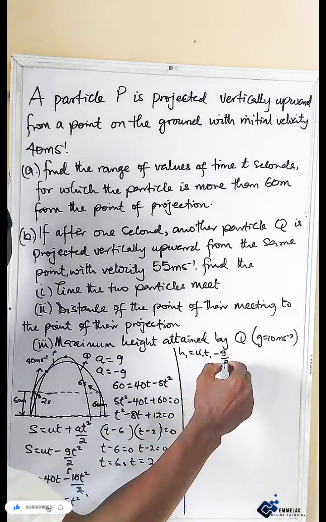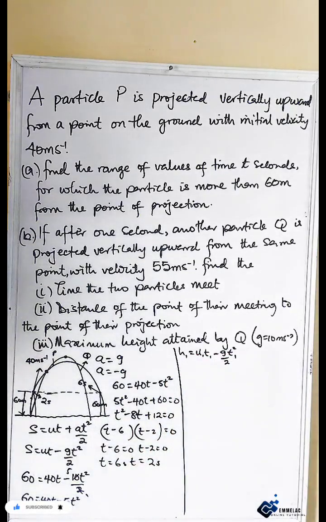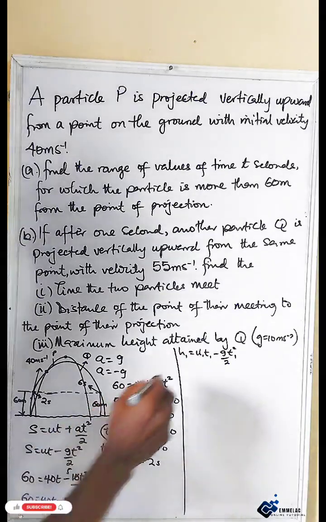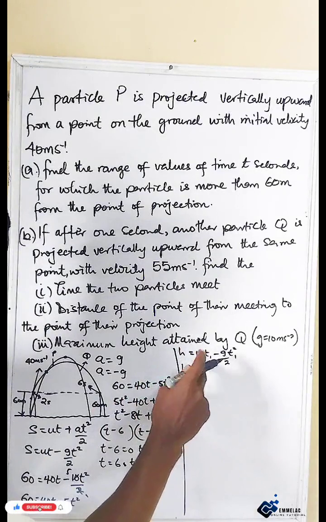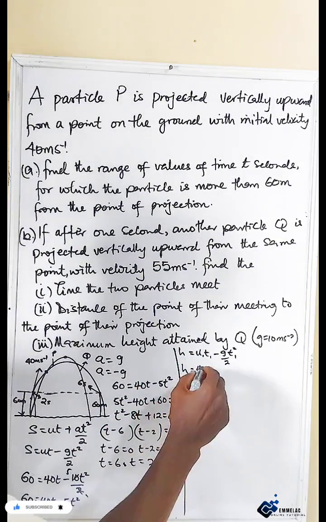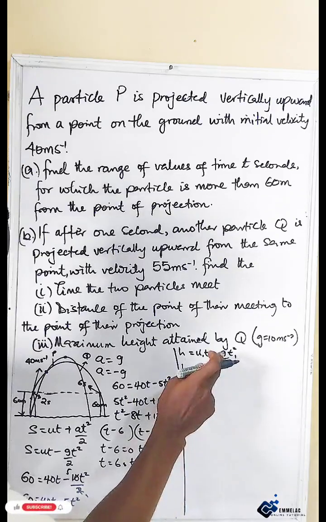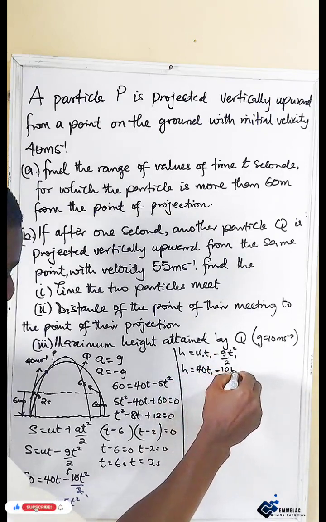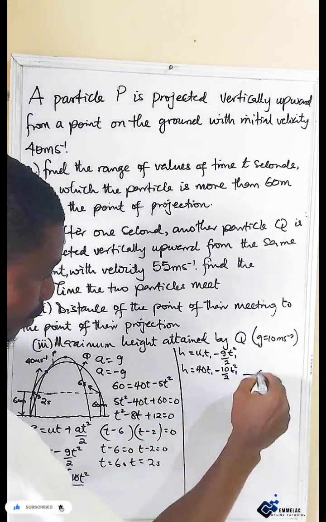The height we don't know, but u for P is 40, so that is 40 t1 minus 10 divided by 2, then t1 all squared. Let us call this equation 1.